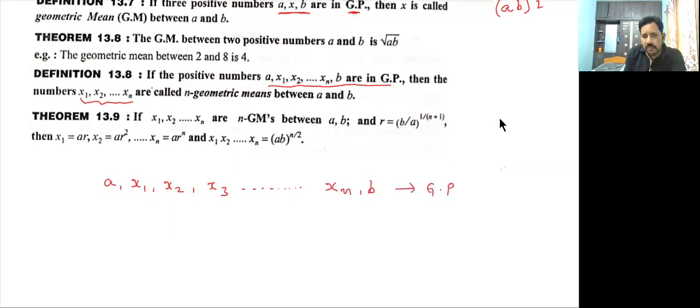How many terms are there? A is the first term, X1 is the second term, X2 is the third term, X3 is the fourth term, like that.